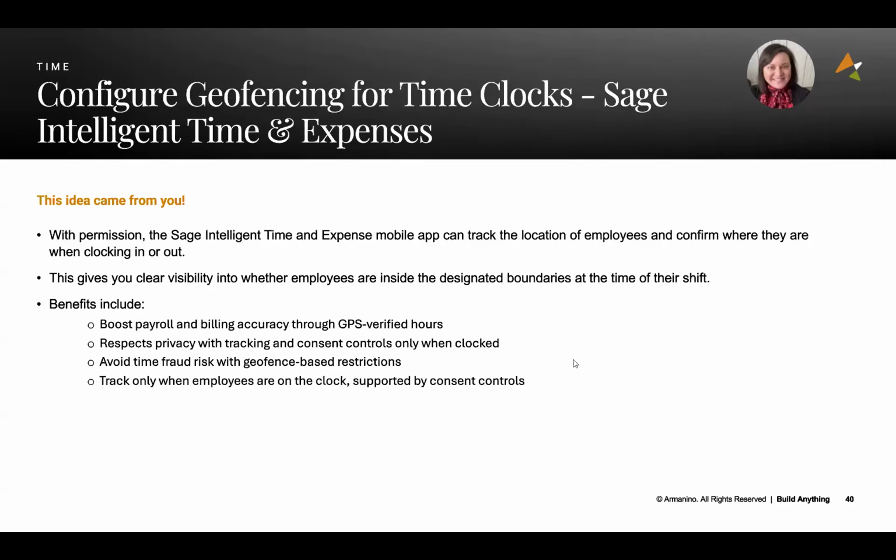Okay, so time. The geofencing for time clocks. I think maybe about 6 months ago or so, Intacct announced the time clocks. So if you use timesheets in Sage Intacct and you also have Sage Intelligent Time, which is now called the Sage Intelligent Time and Expenses smartphone app, you can then use geofencing to monitor the time clocks to make sure that punch ins and punch outs happen at the location where the employee needs to be at those times.